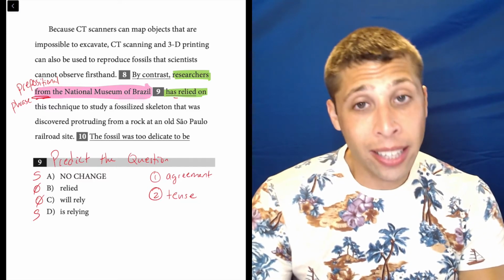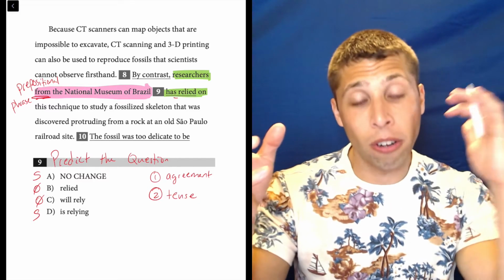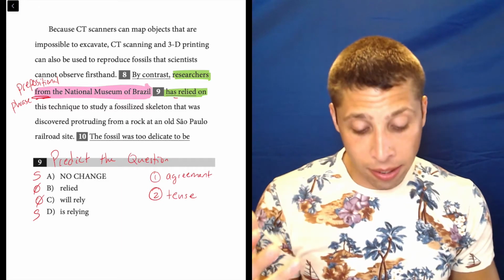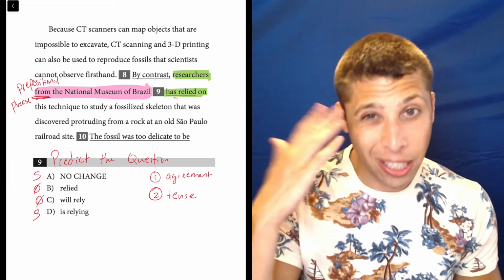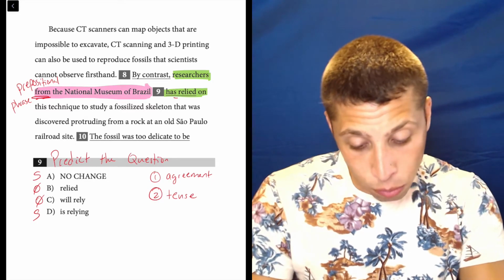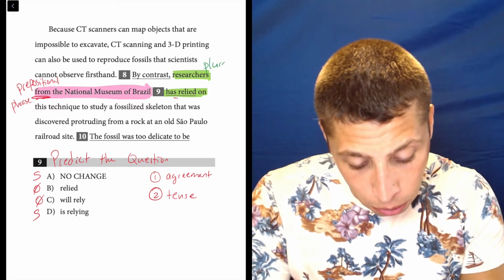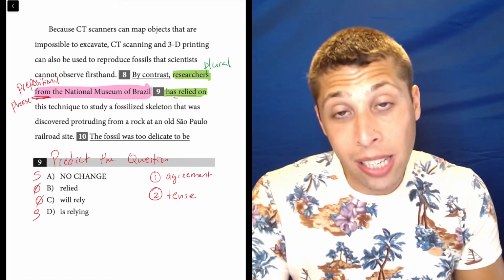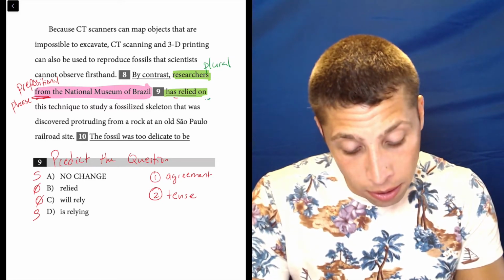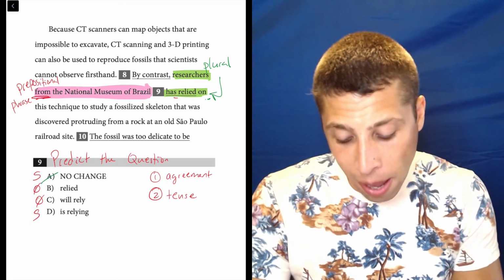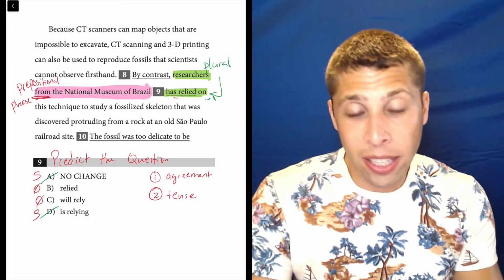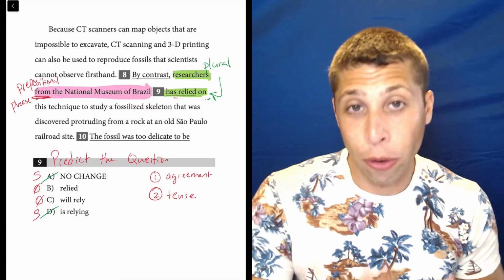And when we do, that brings our subject and our verb closer together. Then we can say, "researchers has relied on this technique," and we can hear that that's bad because researchers is plural, and so we need a plural verb down here to match it. And so that means that A and D, I don't even need to care about whether they sound right or they're the right tense.